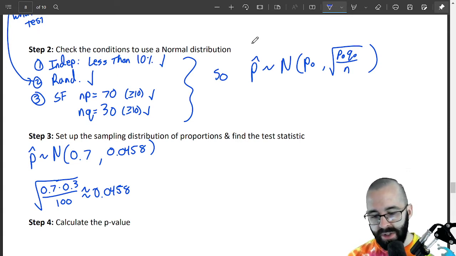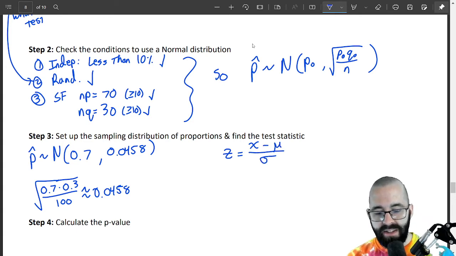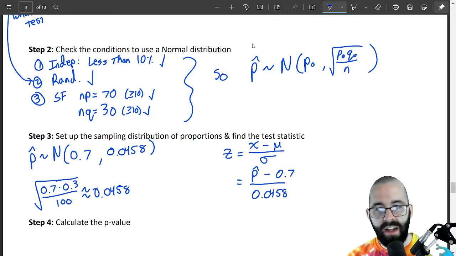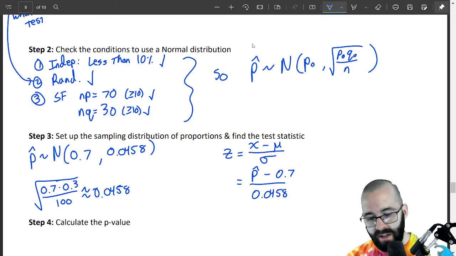That's our sampling distribution. What's our test statistic? In general, to get a z-value for something, you look at your data point, you subtract the mean, and divide by the standard deviation. What's our data point? Data point's that p hat. What's the mean of this sampling distribution? 0.7. Standard deviation of this sampling distribution? 0.0458. What is our p hat?